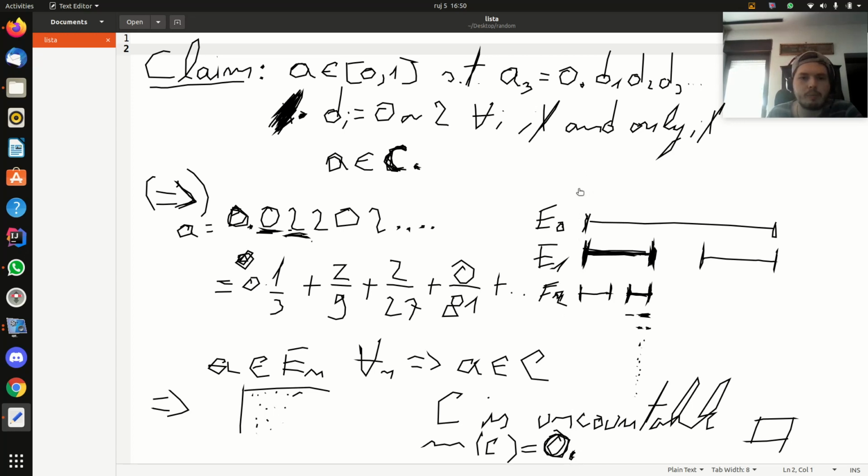And not only is it uncountable, it in fact has the same cardinality as the set [0, 1]. Now I know this may seem strange, but one can easily construct a surjective function from the Cantor set to [0, 1]. And how does one do that?